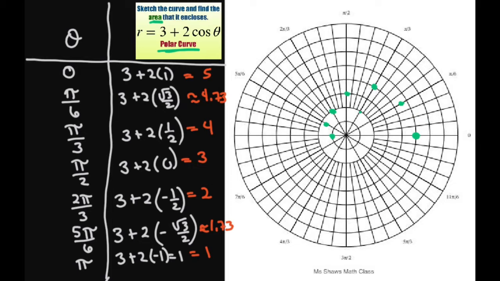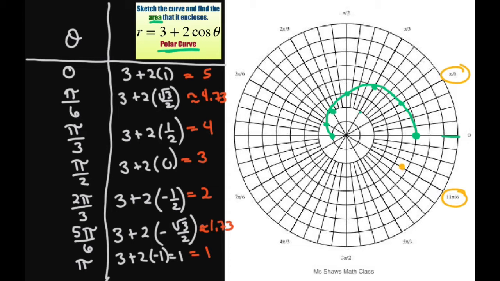So basically, here is your graph on the upper portion. Since it's cosine, it's symmetric to the polar axis, so we can just copy down our values. For 11 pi divided by 6, that was 4.234, close to 5.